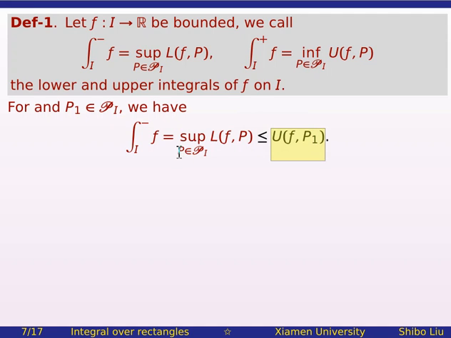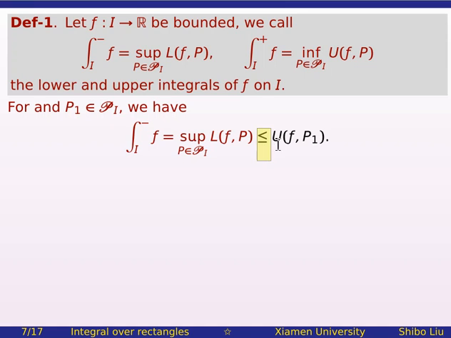Okay, because for every partition P, the lower sum will not be greater than the upper sum with respect to P1. Therefore, the supremum will also not be greater than this, because this upper sum is an upper bound, while the supremum is the least upper bound. Okay, so the least upper bound will not be greater than a given upper bound. So we have this inequality.